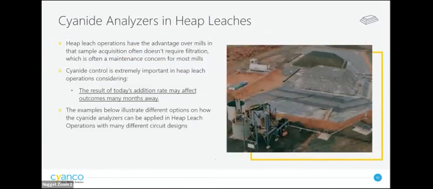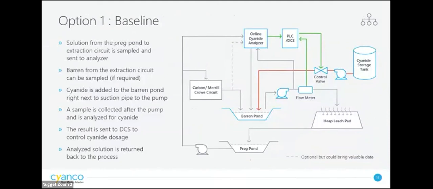You have option 1. This is the most common option, the baseline. The cyanide is added to the barren pump, just next to the suction pipe to the pump. Here you can have 3 different sampling points.